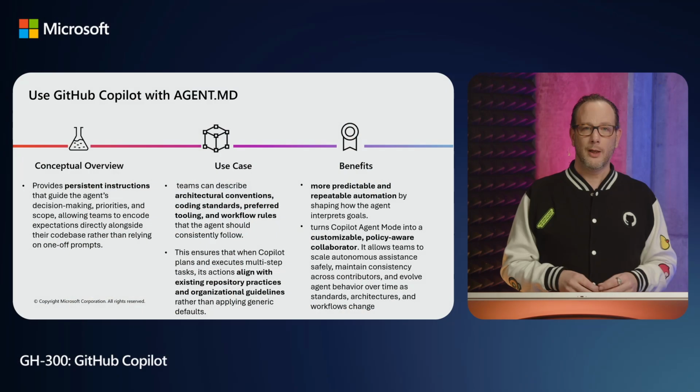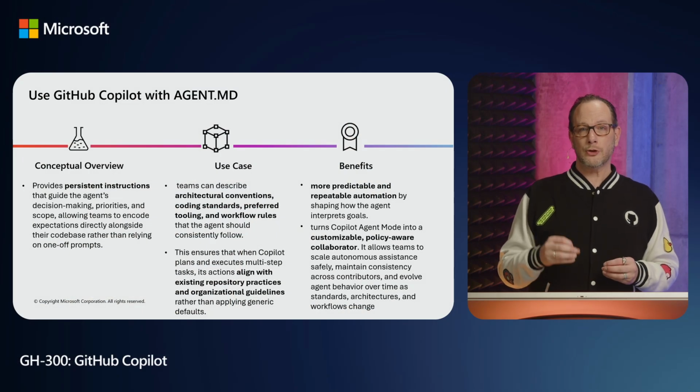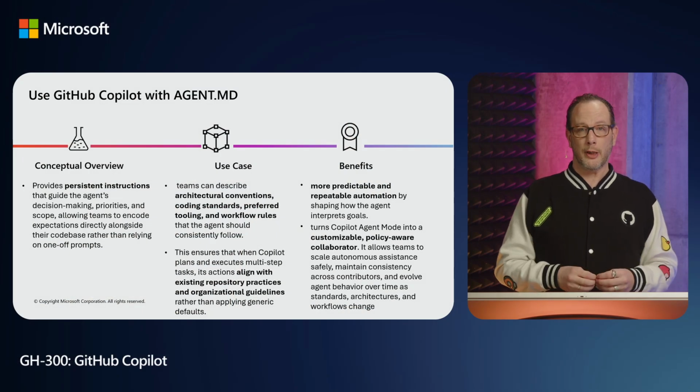What if you could provide instructions to an agent or even establish an orchestrated multi-agent scenario without even using prompting? You think it's too good to be true? Well, not anymore, thanks to the AgentMD concept. AgentMD provides persistent guidance to Copilot.